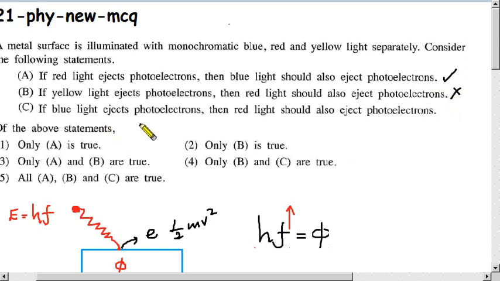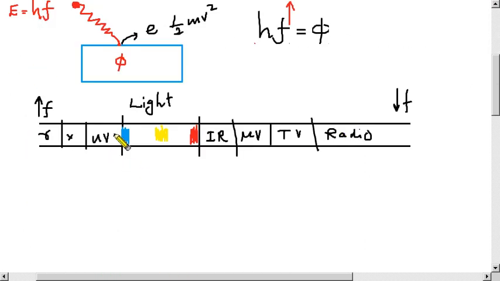If blue light ejects photoelectrons, then red light should also eject photoelectrons. That is worse than that. If blue light ejects photoelectrons, these colors have lower frequency, that means low energies. If the energies are lower, we can't say definitely that they eject electrons. Sometimes they might, because the boundary is somewhere here.